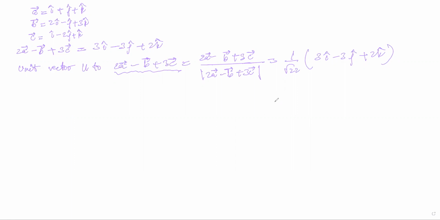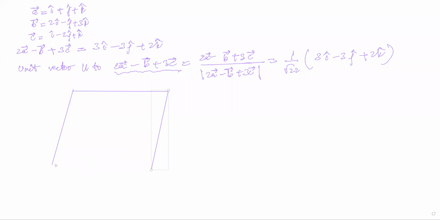Okay, solve the 10th. You are given two adjacent sides of a parallelogram. You have to find the unit vector parallel to its diagonal. We have talked about diagonals and the area of a parallelogram.